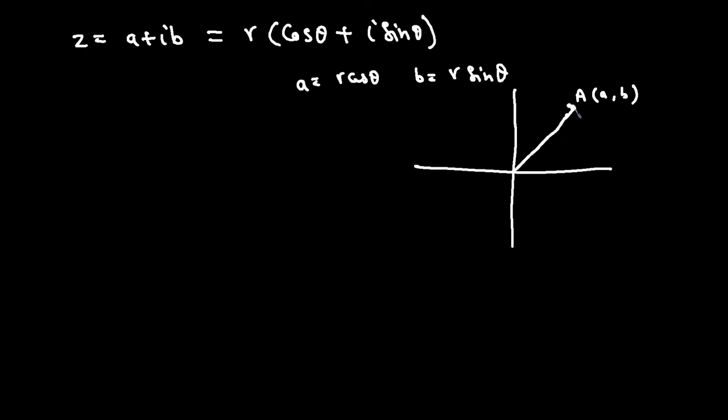Then we draw a perpendicular, and this angle is my argument theta. And then on this side, let's say (minus a, b), and go to the origin. Let's say this value is theta here.